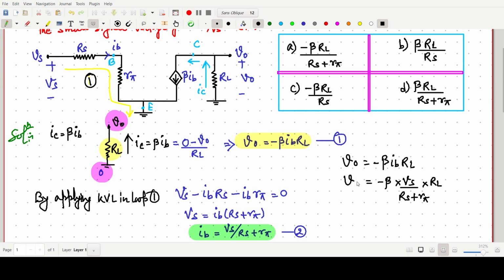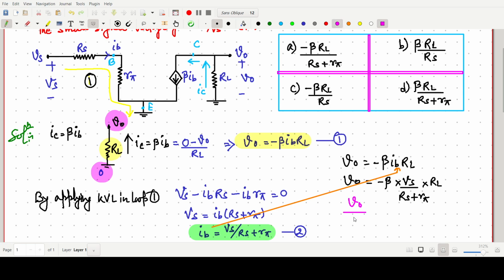This one is V naught. We are just directly putting the value of IB here.